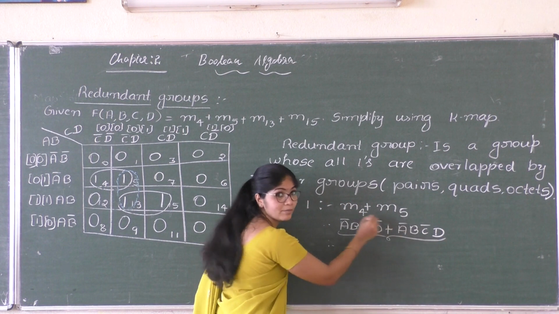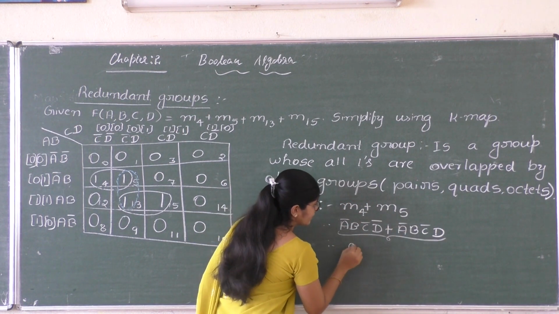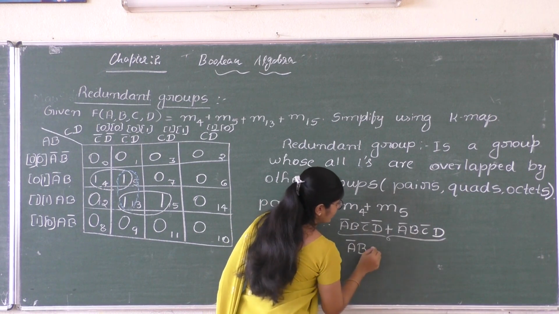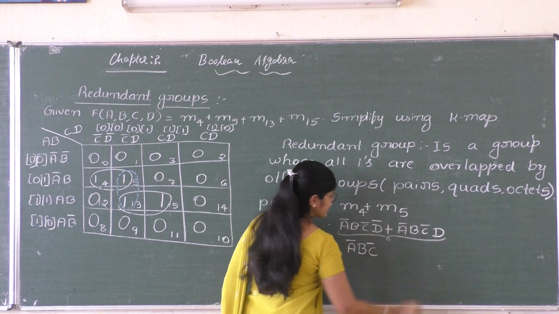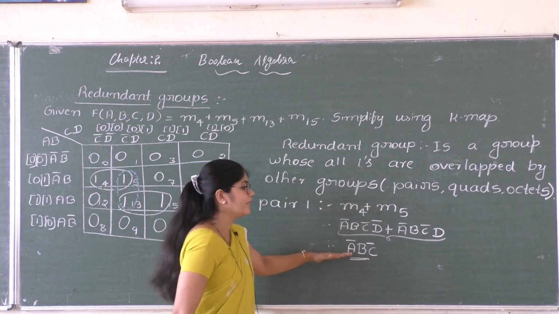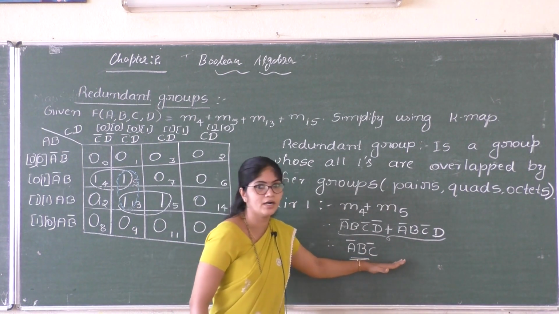A bar, yes, A bar is the common variable. Write the variable. Next B is also common. C bar common variable. D bar, it's not common. So from pair 1 we got the minterm A bar B C bar.